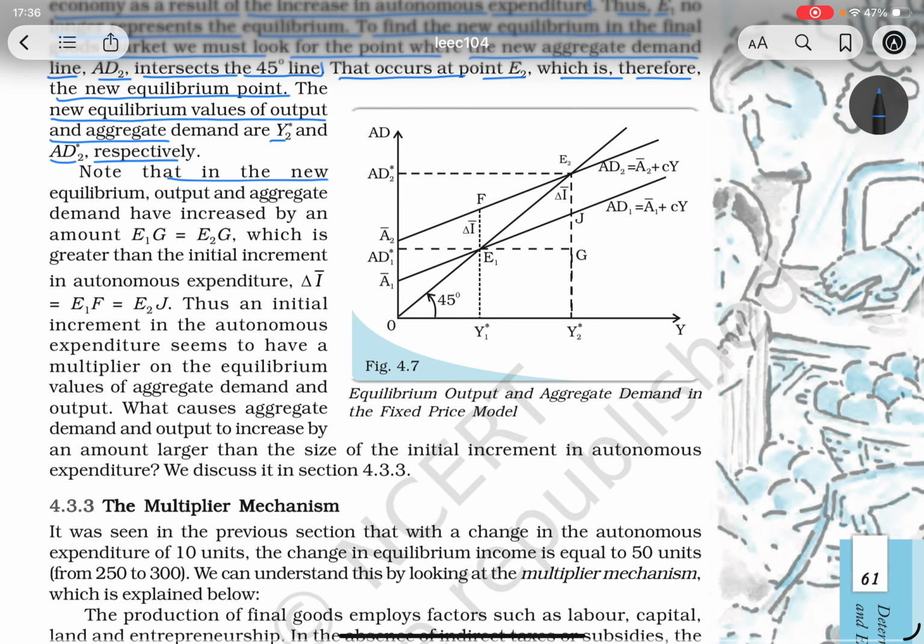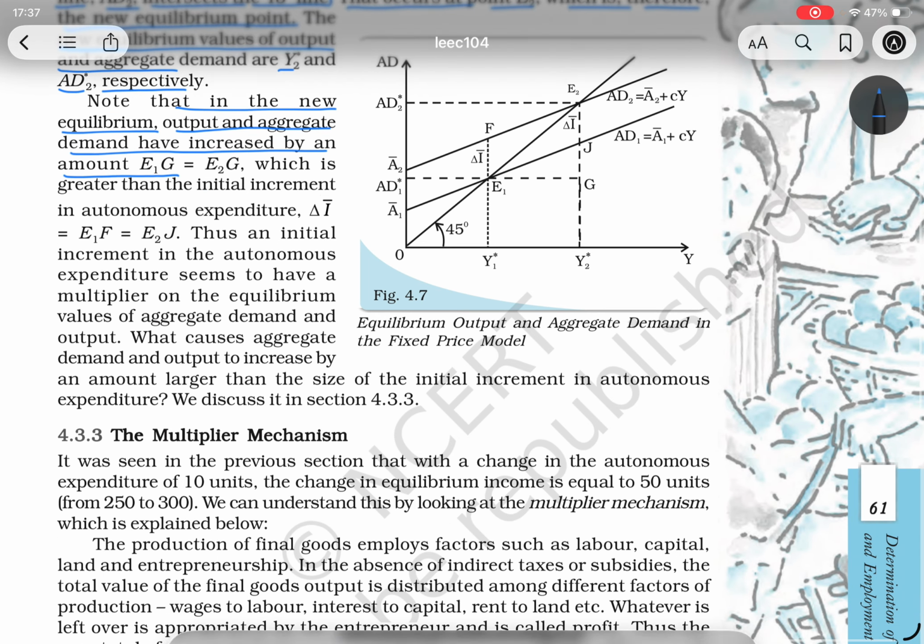Note that in the new equilibrium, output and aggregate demand have increased by an amount E2G, which is greater than the initial increment in autonomous expenditure, delta I equals I dash, equals E1F equals E2J.